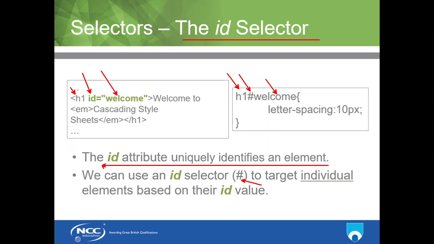For example, for the H1 that has an ID value of welcome, we want the letter spacing to be 10 pixels. For all other H1s, we want the letter spacing to be 5 pixels, for example. So this will apply just to this H1. That's how we use the ID selector.